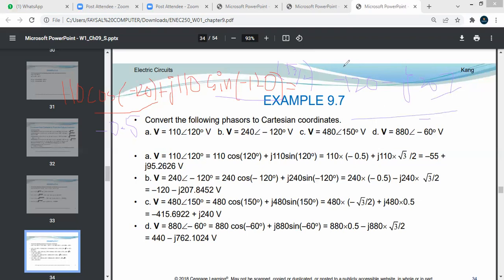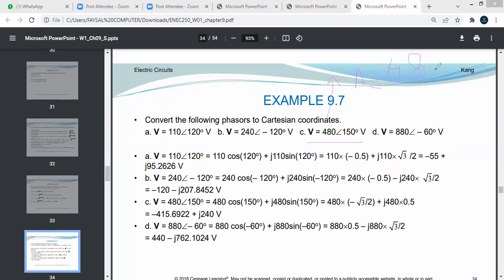So similarly, we can do part number C and D. For C, the value of A equals 480, and my theta value equals 150, and then I just have to put these values in my formula.